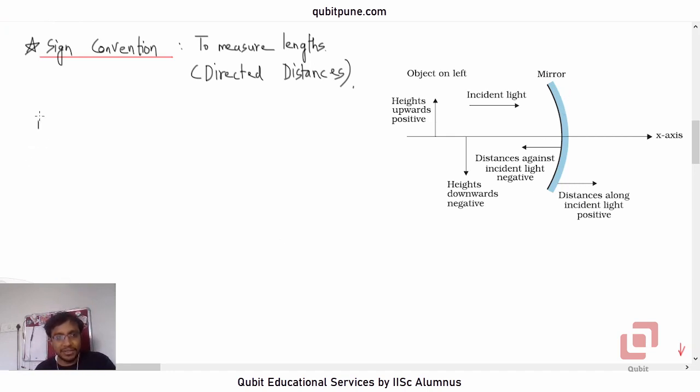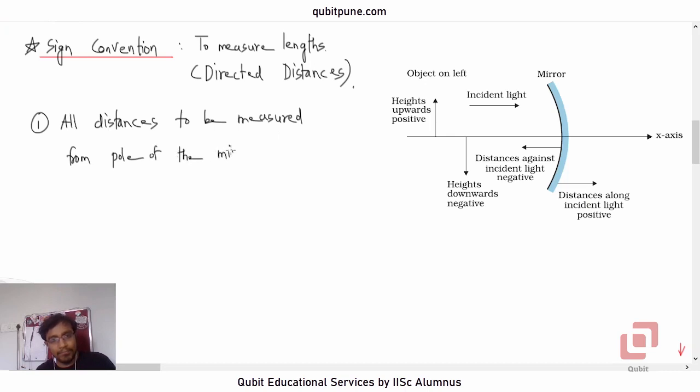The first convention is that all distances are measured from the pole of the mirror, the geometric center of the mirror, or the optical center of the lens if it is a lens problem.